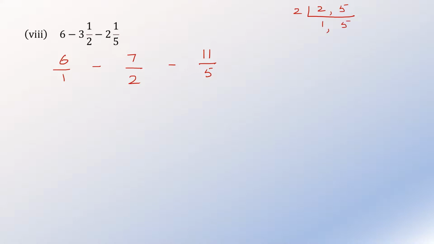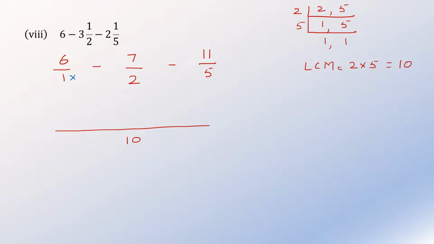I bring down 5. Now I go to 5. 1. 5 1s are 5. So LCM equals 2 into 5. 2 5s are 10. Okay, so we're going to use 10 as our common denominator and get the new numerators.